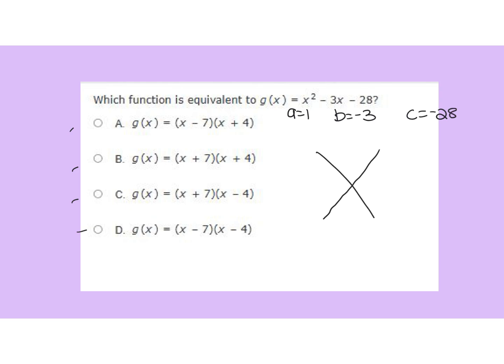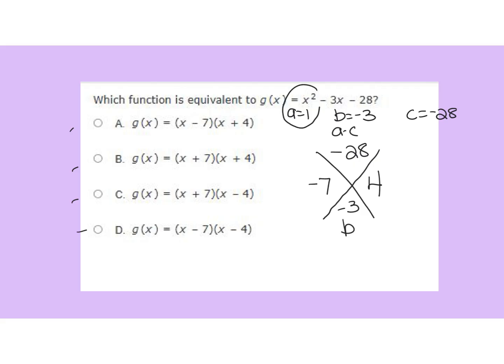And here we go. So I need two numbers that will multiply to give me -28. Remember, because this is my A times C, and add to give me -3. So I know my two factors, -7 and +4.